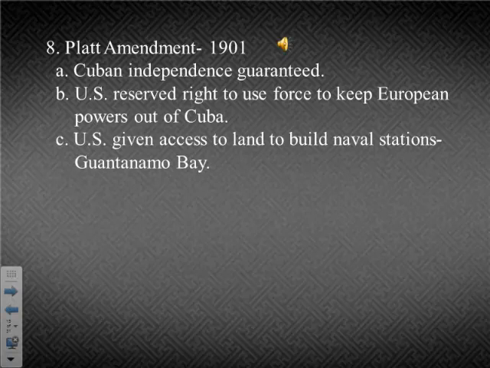They reserved the right, they had to agree to any treaties that Cuba signed. They didn't want Cuba getting involved with any European countries. And maybe most importantly, the United States was given access to build a naval base in Guantanamo Bay, which obviously the United States still has today, because that is where many terrorists are being held.